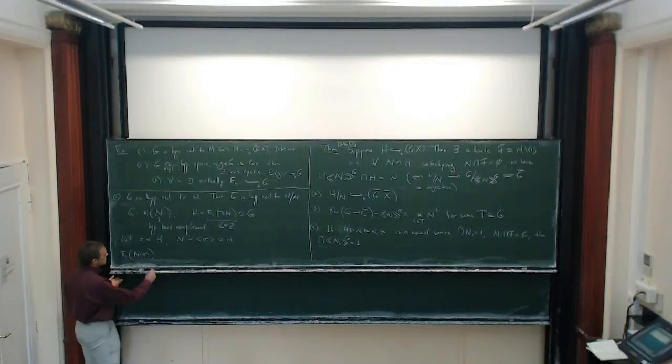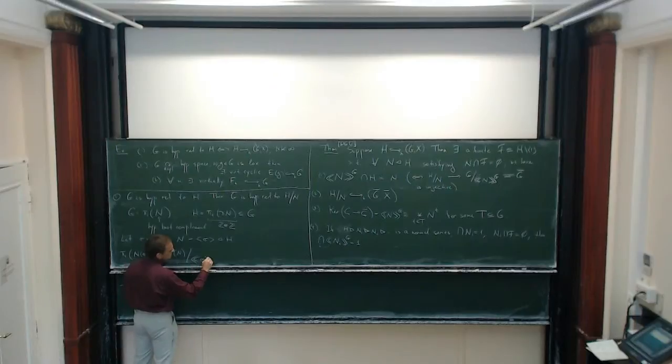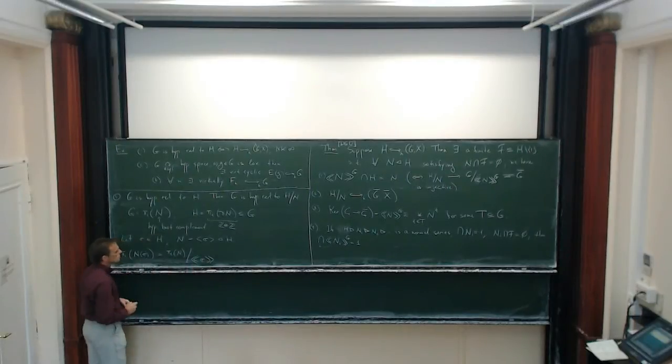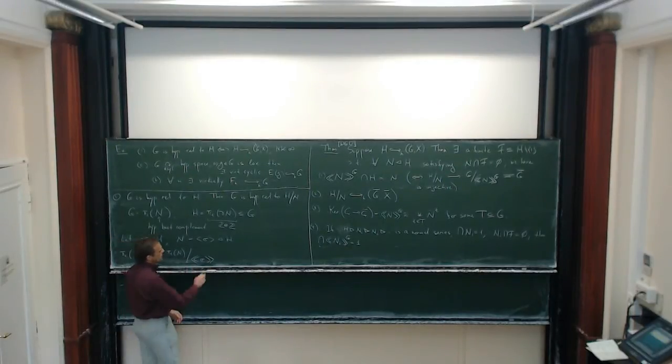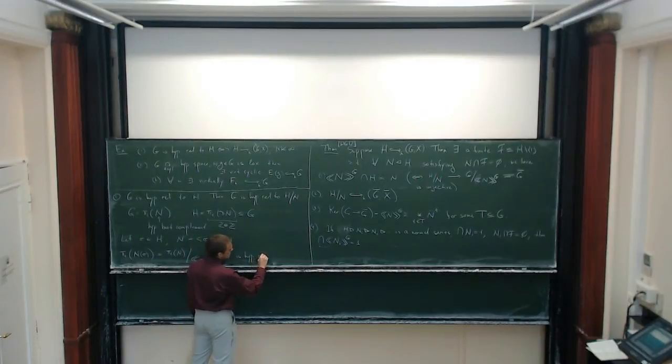So pi1 of N of sigma is just pi1 of N modulo the normal closure of sigma, right, which is exactly our group G bar in this situation. So it is hyperbolic relative to H mod N.